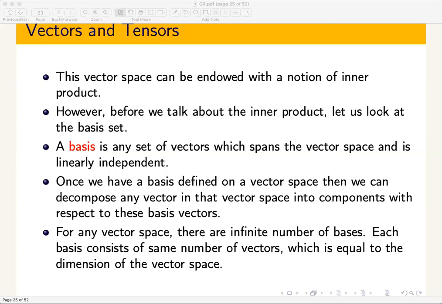Once we have a basis, any vector can be described in terms of that. Now how many bases can we define for a vector space? You can make any choice, so there are infinitely many possible bases. It may not be possible to have all of them very convenient to use, but depending upon the problem one is looking at, a particular basis could be convenient. It's exactly the same as what we do in, say, quantum mechanics.